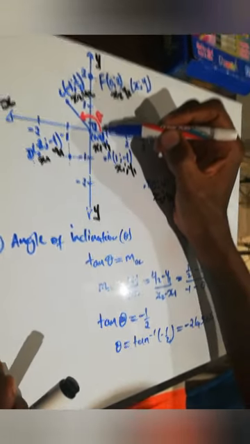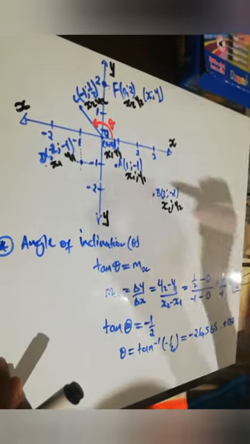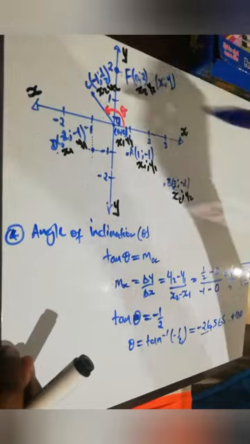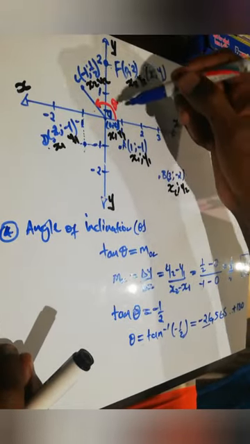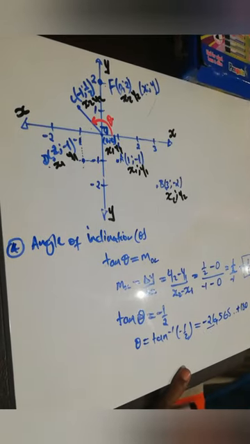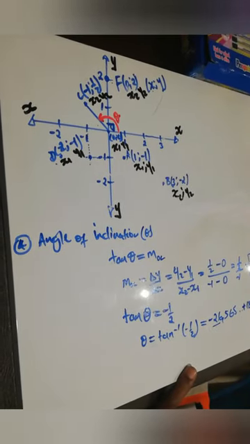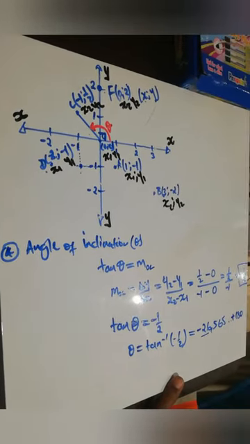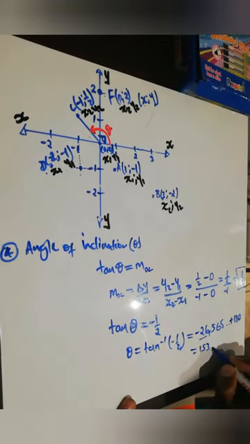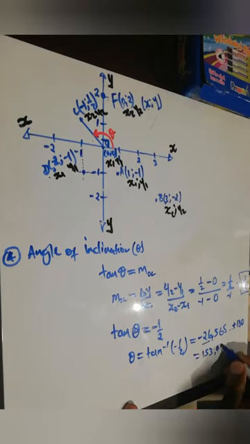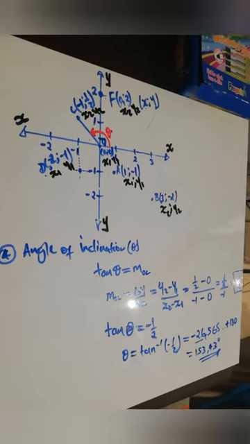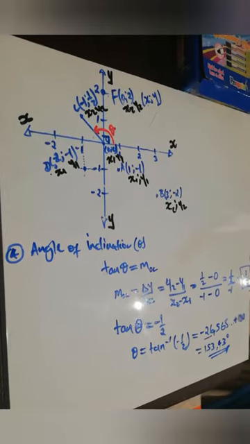Therefore, the angle of interest, theta, is greater than 90. So 26 will definitely be the acute angle on the other side, not the obtuse one on the top of this particular line. Therefore, when you add 180, you get theta to be 153.43 degrees. So you found theta to be 153.43 degrees.